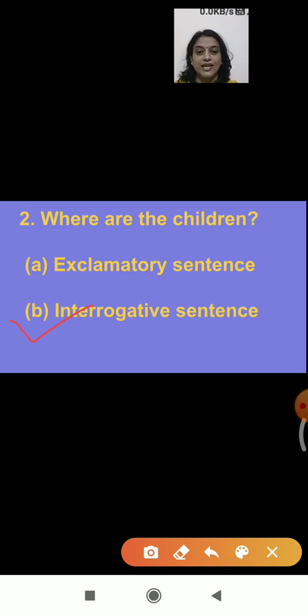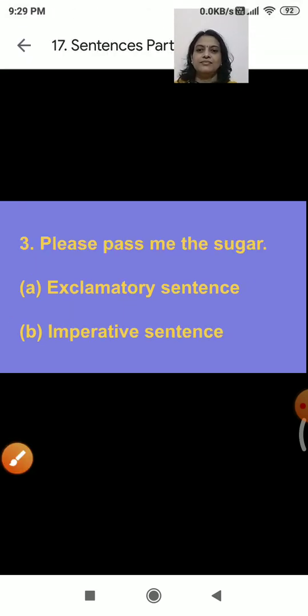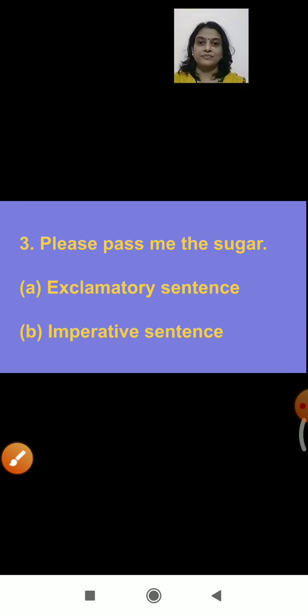Okay, now let's go ahead. The third one. Please pass me the sugar. Again, two options are here, exclamatory sentence or the imperative sentence. Okay, so the sentence, again read it properly. Please pass me the sugar. So the word itself, please, tells us which type of sentence it is, right?